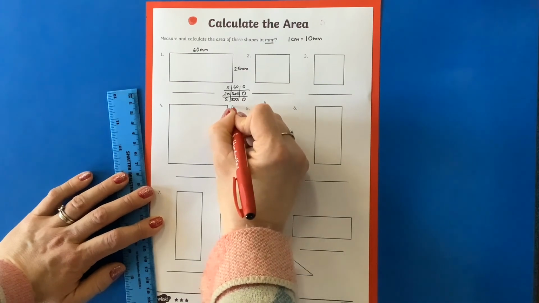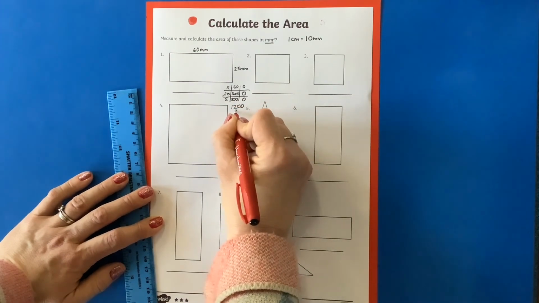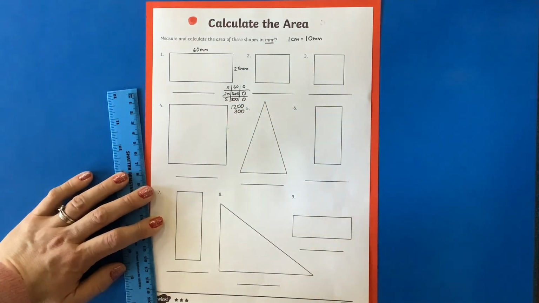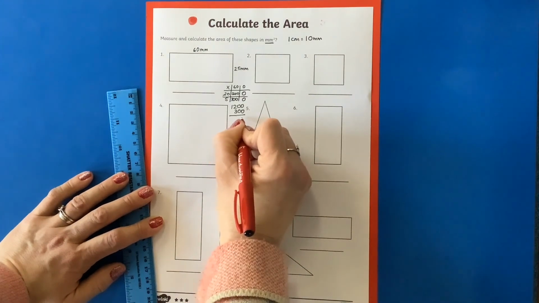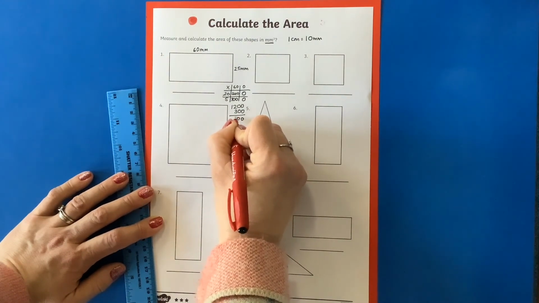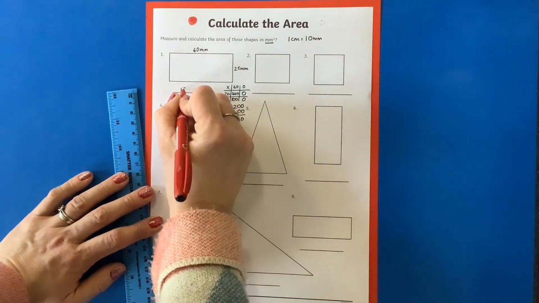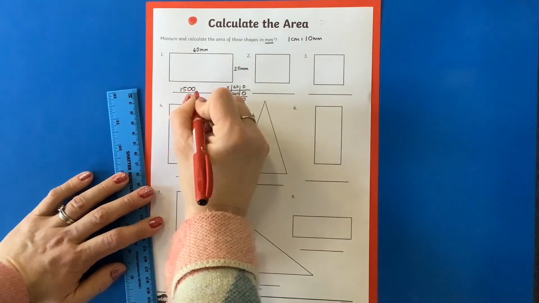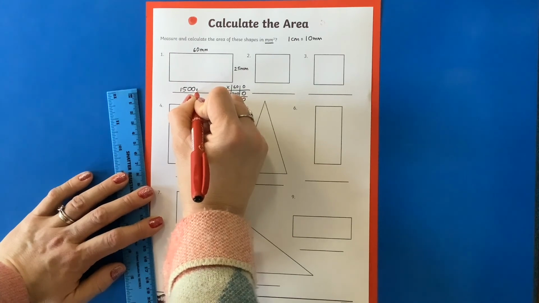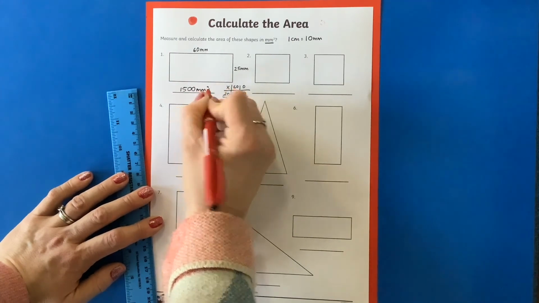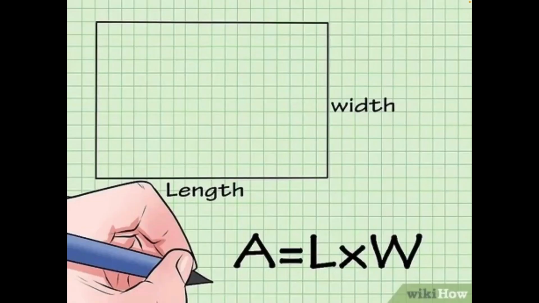So I've got these two numbers to add together. Wow. 1,500 millimetres squared. So as I already said, Year 4, this is hard stuff today.